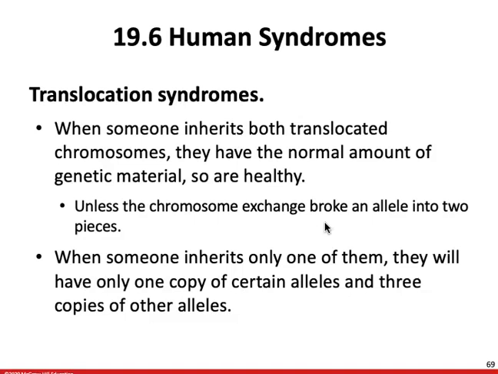The problem occurs when the individual with the translocation has offspring. When they pass on those chromosomes to their offspring, somebody might inherit only one of those copies, and they're going to have only one copy of certain alleles and 3 copies of the other alleles. So we could see significant problems when you go to inherit copies of those genes.